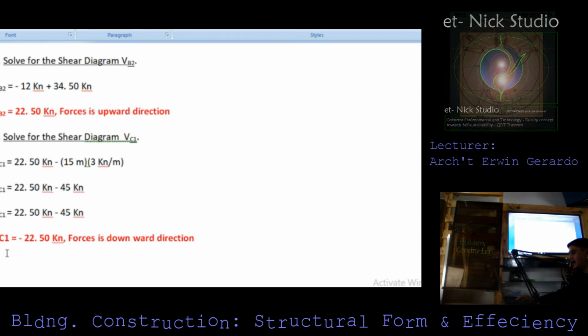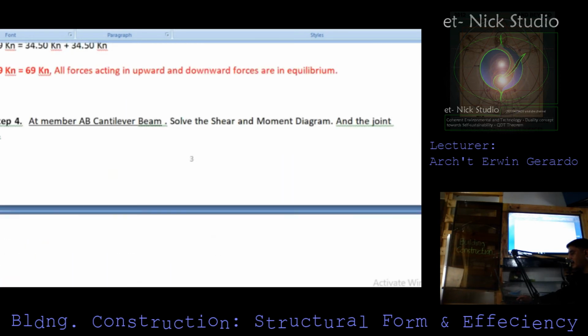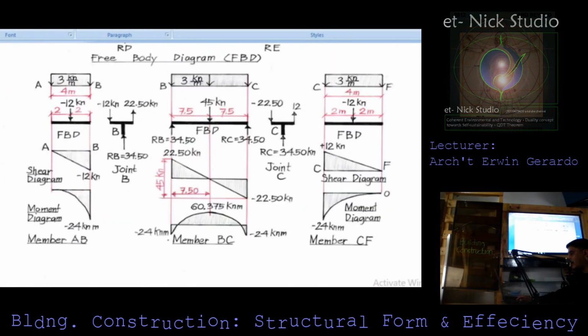So here we were able to solve for VC1, which is negative 22.5 kilonewton. So we have a downward direction, which is negative 22.5. So this is already the negative 22.5 direction.